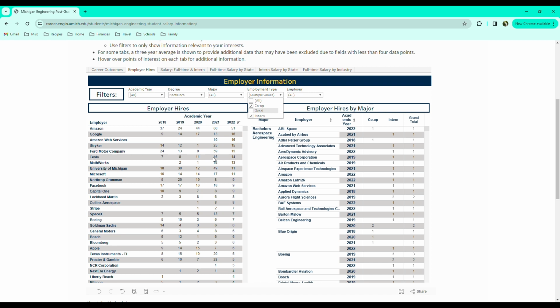You'll see Tesla has a pretty healthy number of interns from University of Michigan. Just repeating again that the larger these numbers, the more recruiting is going on at the school, and the stronger the relationship is between these companies and the school, which is really good. It makes your life as a student a lot easier because they're going to be coming to you and trying to recruit you, which is excellent.